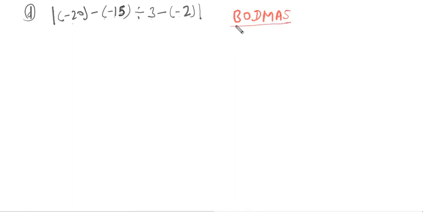I will explain it to you. In BODMAS, B represents brackets, right? O represents orders. Brackets means you have to solve the bracket first. Orders means things like x square or under root x, this type of value.